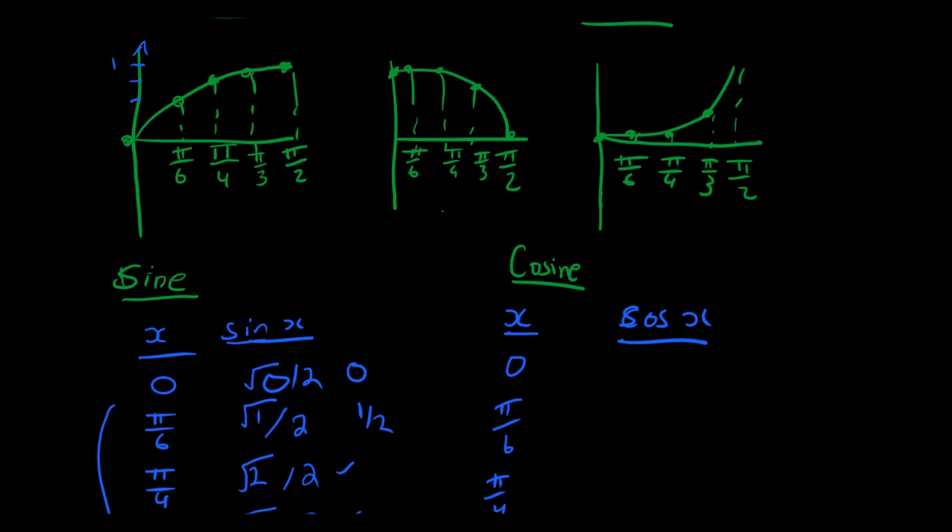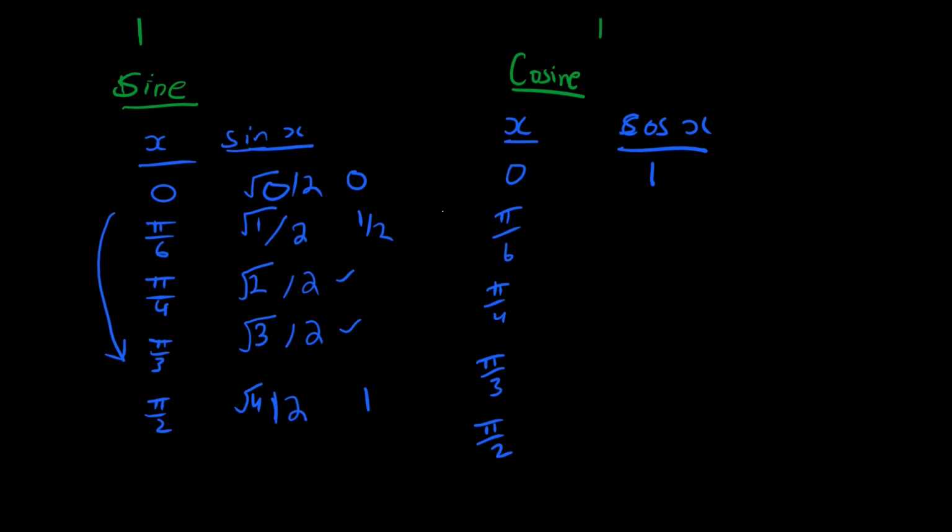Now cosine of 0 is obviously 1 from the diagram, and cosine of pi by 2 is 0. So you add a root and divide by 2. And then since it's decreasing, you get this as the result here.